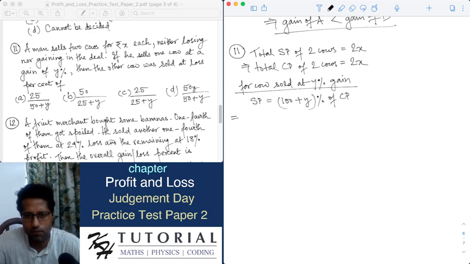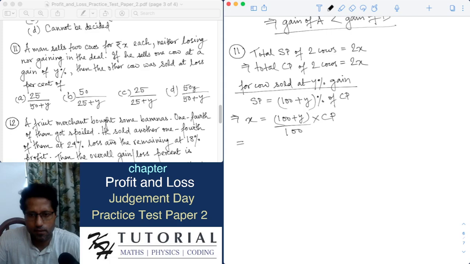This implies SP is X because the cow was sold at X. So X equals 100 plus y divided by 100, multiplied by CP. So from here we get the cost price CP equals 100x divided by 100 plus y.